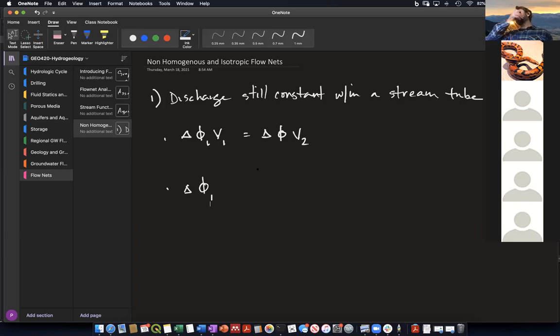Maybe let's do this in a slightly smaller step. What is the relationship between groundwater flux and fluid velocity?